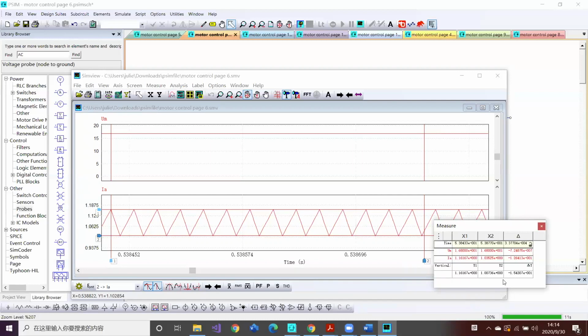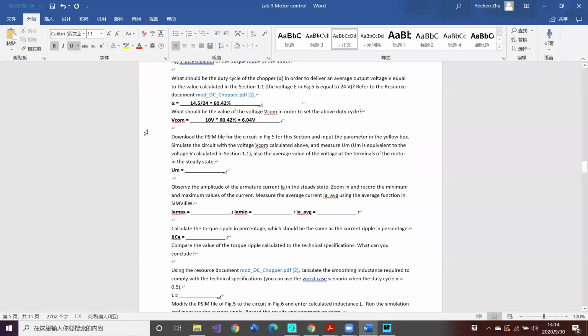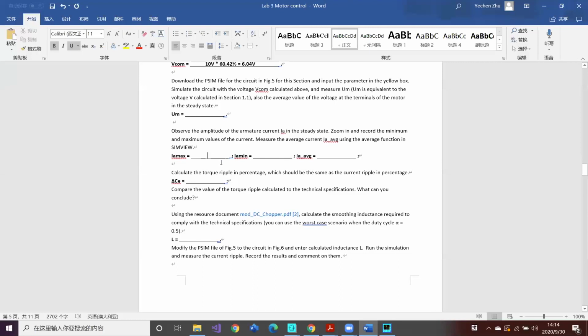For the average value of IA, we just use the average of these two numbers, to make it easy. First put the maximum value here, minimum value here, and average value here.